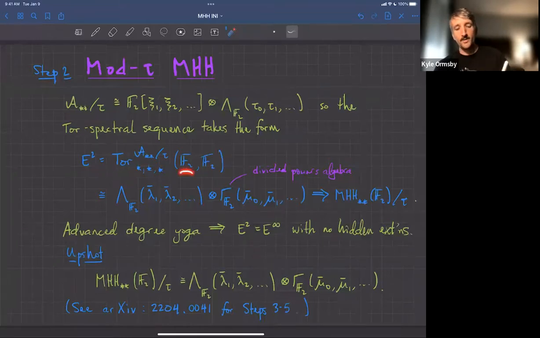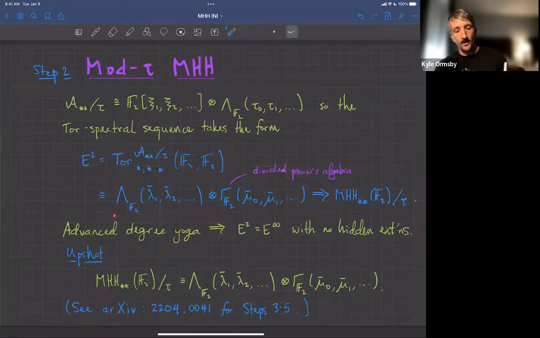The coefficients mod tau are just F_2. And so we're taking Tor over this polynomial tensor exterior algebra over F_2. And the polynomial will once again turn into exterior. And if you've played these sorts of homological games before, you won't be surprised to see that the exterior turns into this divided powers algebra.